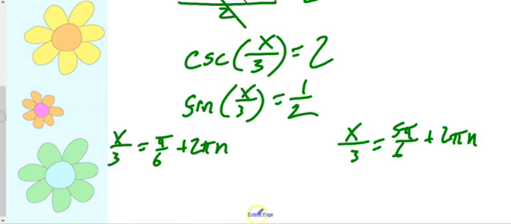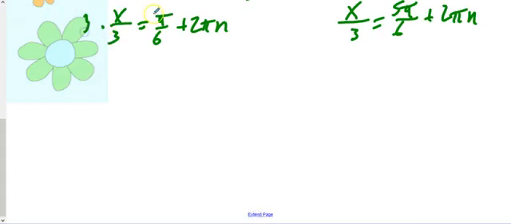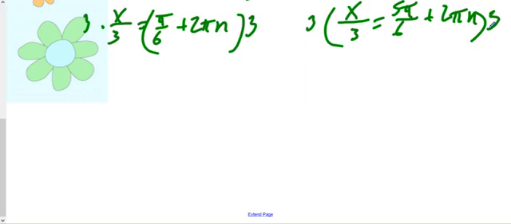All right, so now we're going to multiply both sides by 3, because that's how you get rid of division. Okay, and when we do that, we get x equals, now 3 times pi over 6 is going to get me pi over 2, and then that's going to be plus 6 pi n.